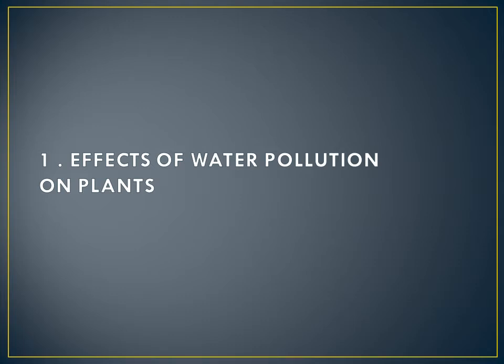Pupils, the living components affected are plants and animals. The non-living components affected are soil, rocks, and roofing materials. So number one is effects of water pollution on plants.